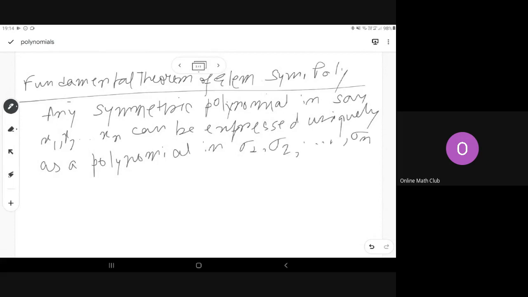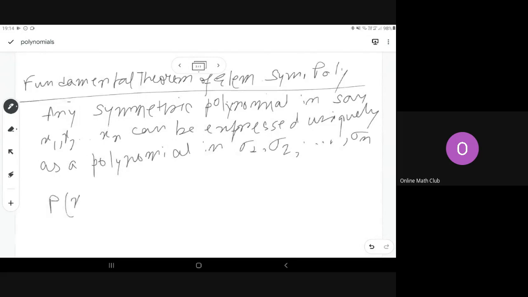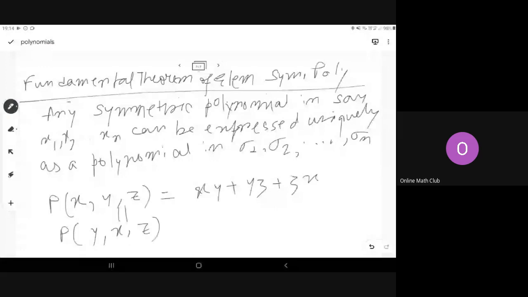A symmetric polynomial is any polynomial that remains invariant even if you change the permutation of the variables. So if you define p of x, y, z as xy plus yz plus zx, and you look at p of y comma x comma z, it's the same as this. So this is a symmetric polynomial.